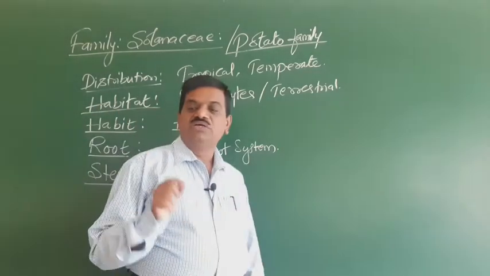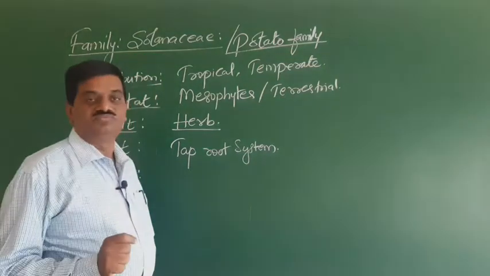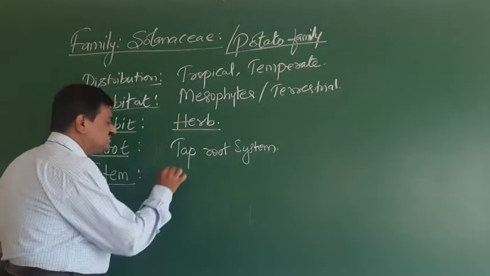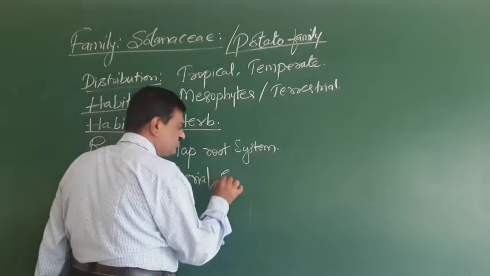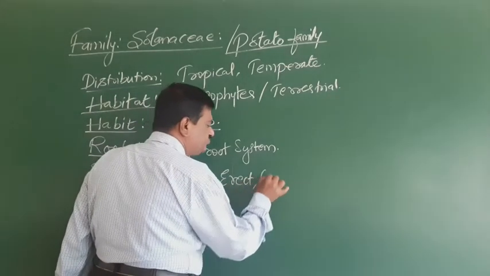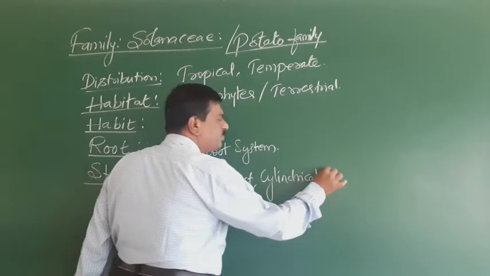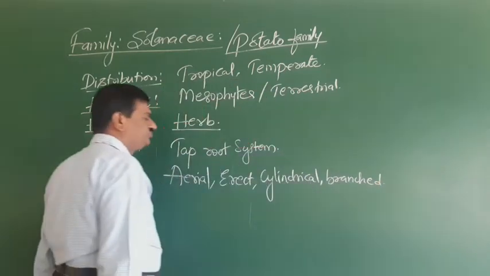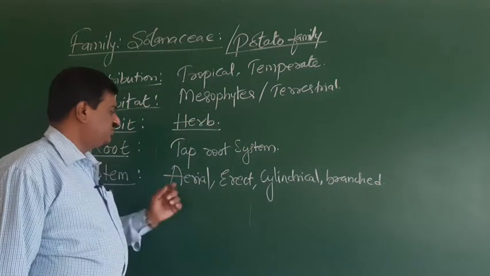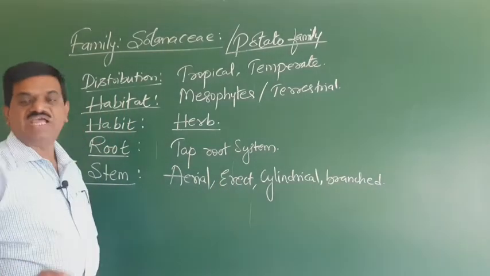We know that stem is very simple. There is the presence of an aerial stem, erect stem, cylindrical stem, branched. So in a potato plant, the stem is aerial, erect, cylindrical, branched.